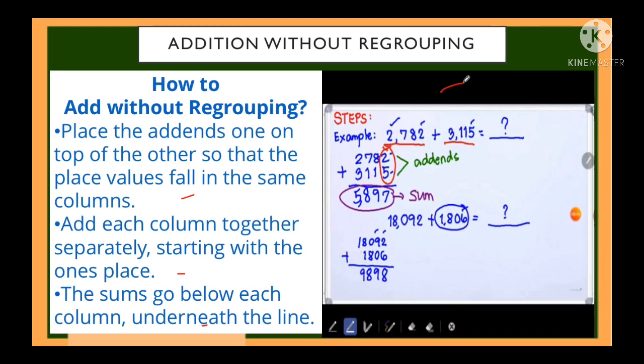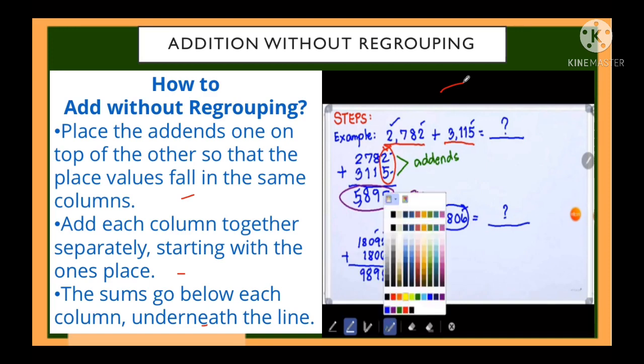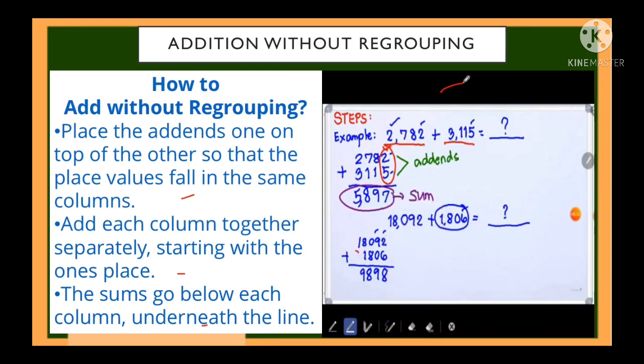How about here? We don't have any number here. How can we add 1 and there's no number? No number means it's 0. So we will just do 1 plus 0. 1 plus 0 is automatically 1. And again, do not forget the comma.